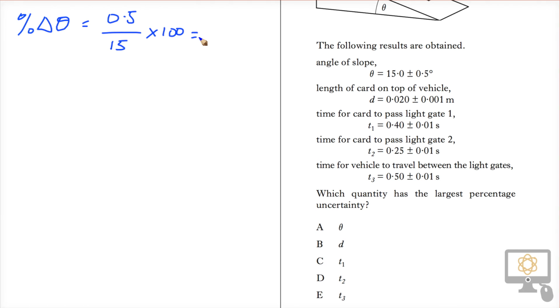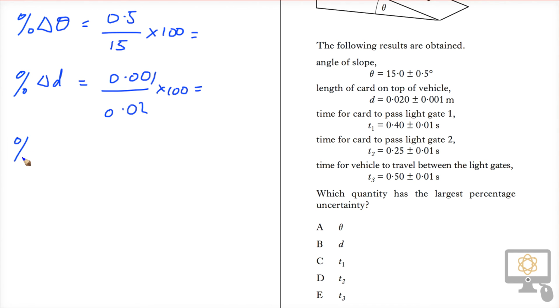Okay, so we'll get all these calculations at the end. Length of the card D is the next one, so the percentage uncertainty in D is 0.001 over 0.02, and that's again times by 100.